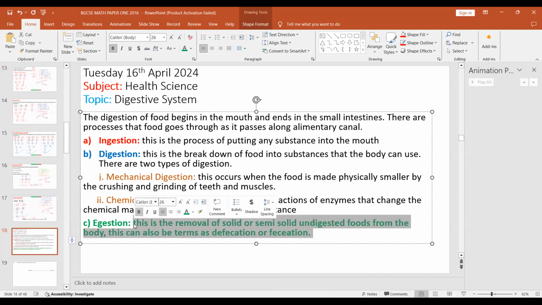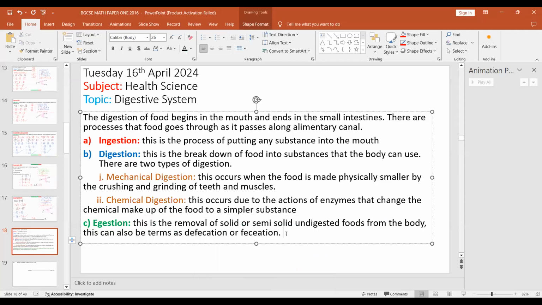So egestion is when you defecate, or remove solid or semi-solid and undigested food from the body.